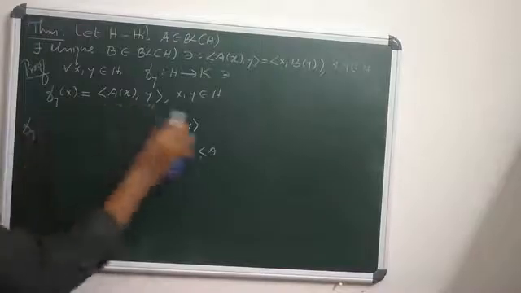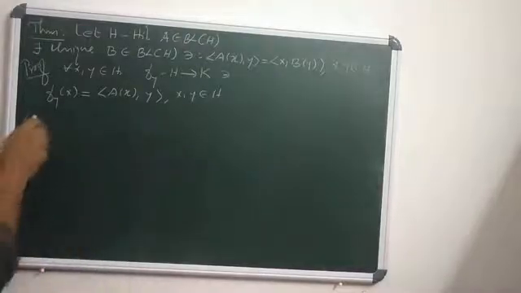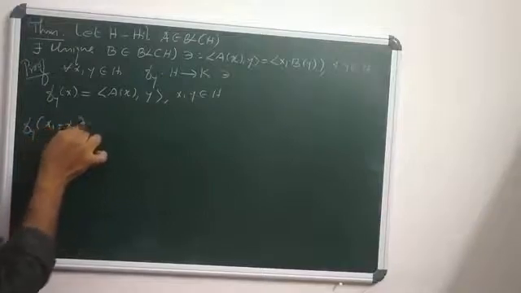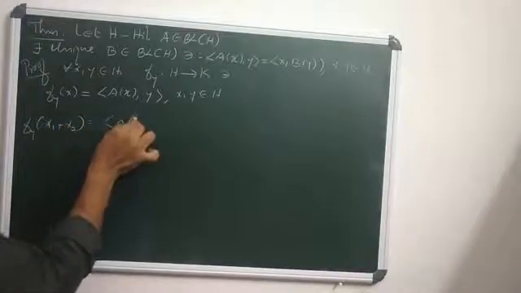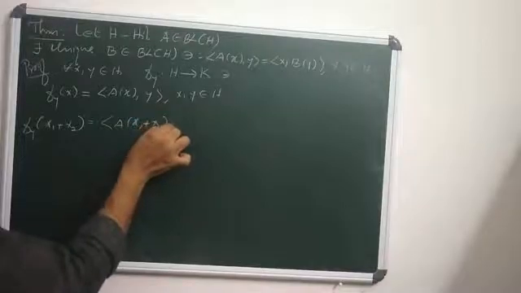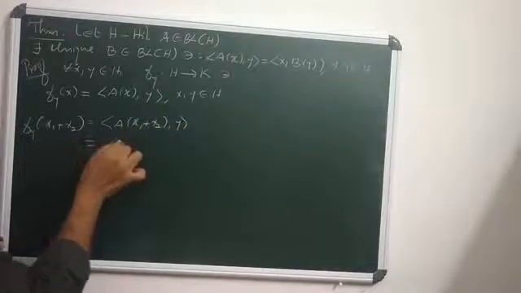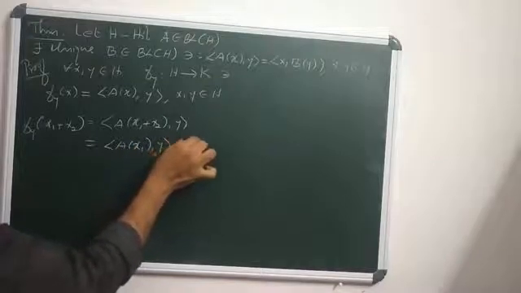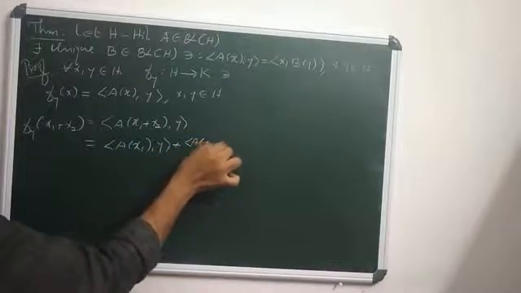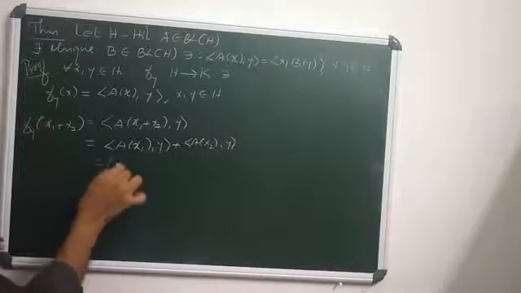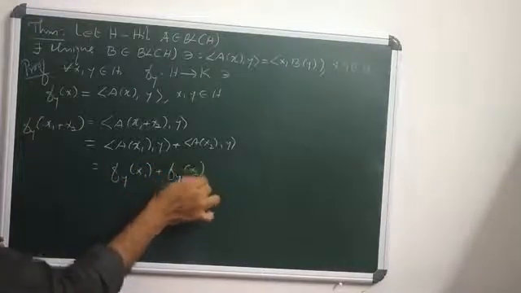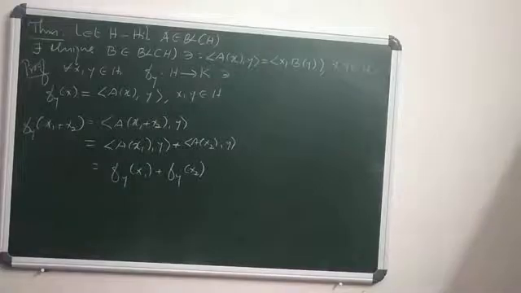We have simply Fy of x1 plus x2, which is the inner product of A(x1 plus x2) with y, equals the inner product of Ax1 with y plus the inner product of Ax2 with y, which equals Fy of x1 plus Fy of x2. Clearly, it is linear with respect to addition.